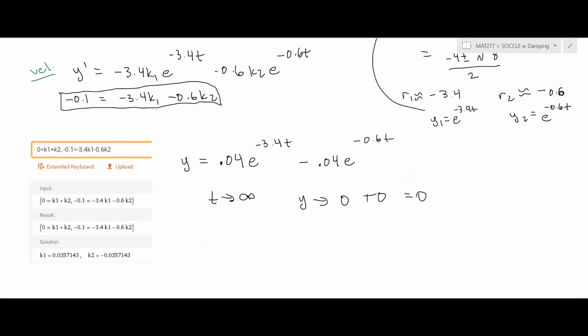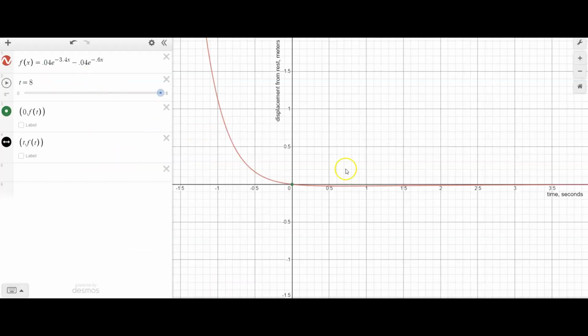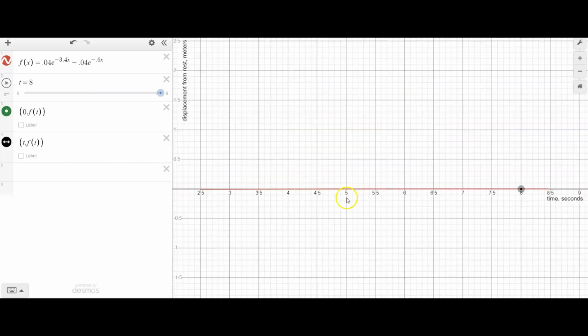If we come back over to Desmos, we get something very similar, and this one's even a little bit less exciting because the spring mass system just compresses a little bit and comes back to rest. It does not do any stretching.